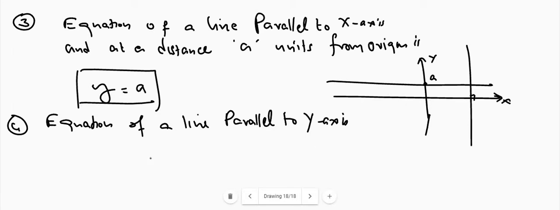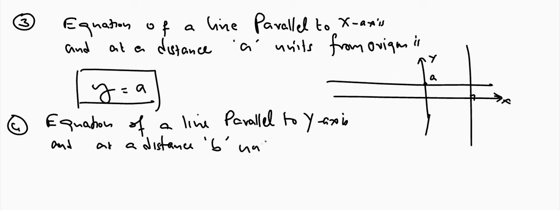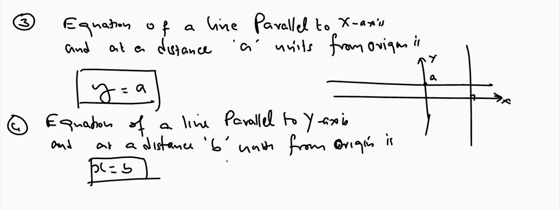Equation of a line parallel to the y-axis and at a distance of b units from the origin is x is equal to b. If it is at a distance b units from the origin, then it passes through the point (b, 0), and the equation of the line will be x is equal to a constant, that is x is equal to b.